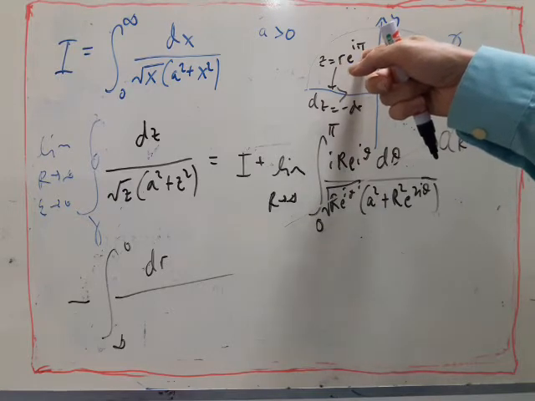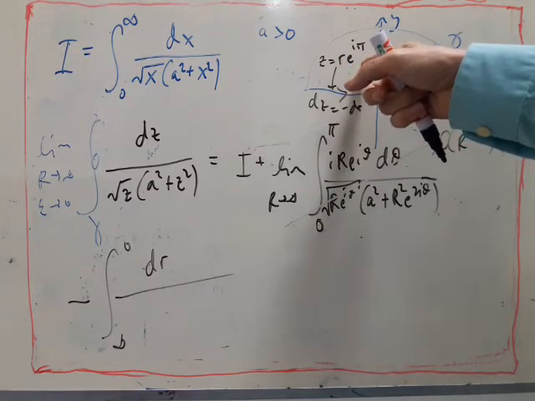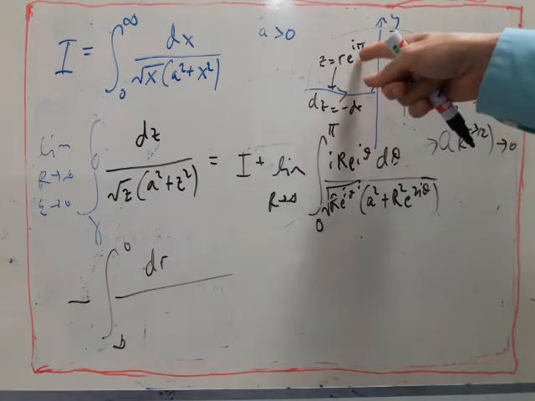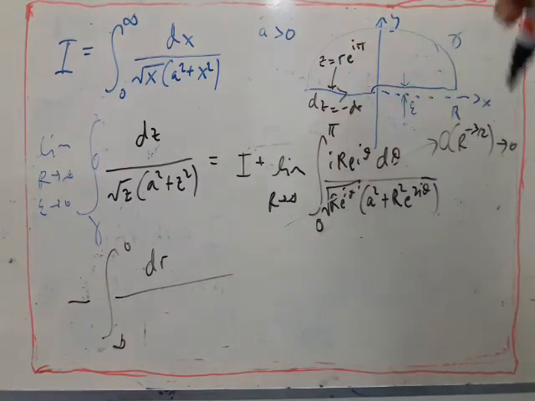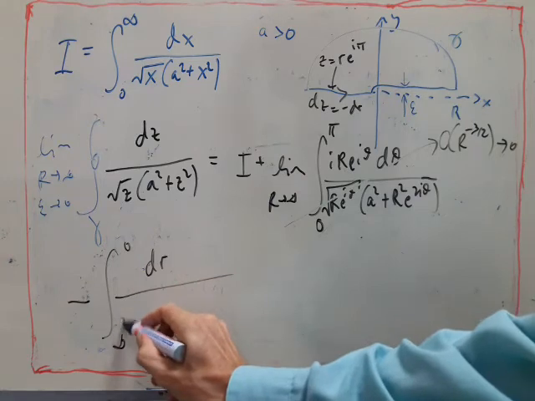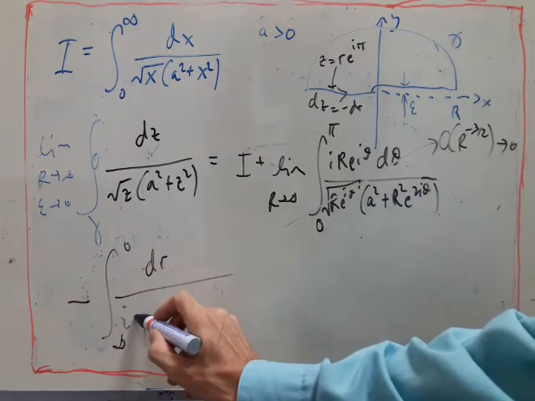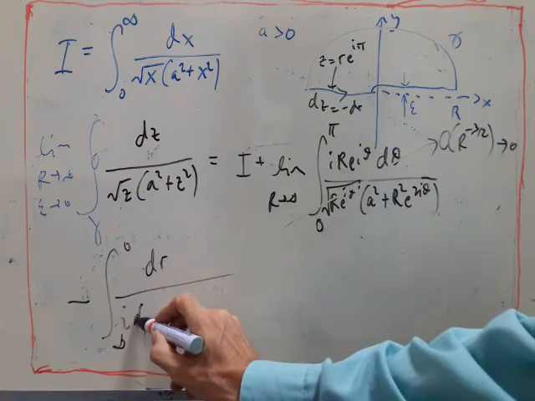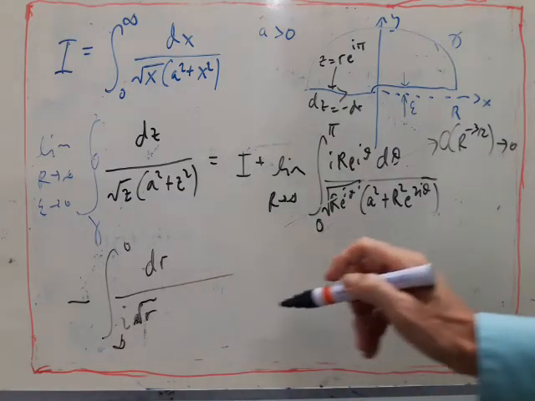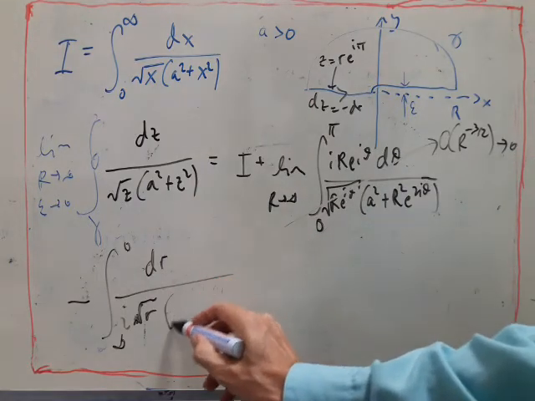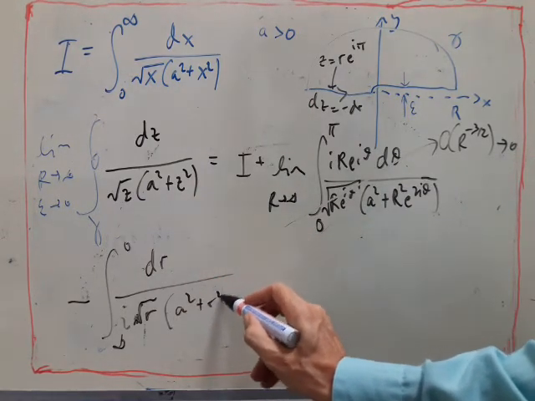I know exactly what to do with this. If I've written minus 1, I might think, oh well, should the square root of minus 1 be plus I or minus I. This tells me it has to be e to the I pi by 2, which of course is I. So I have plus I here, and it's root r. When I substitute this into here, the rest is just a squared plus r squared.